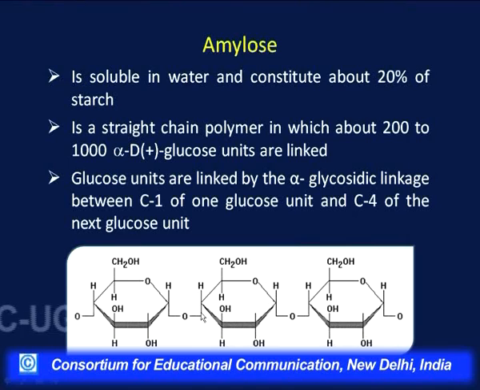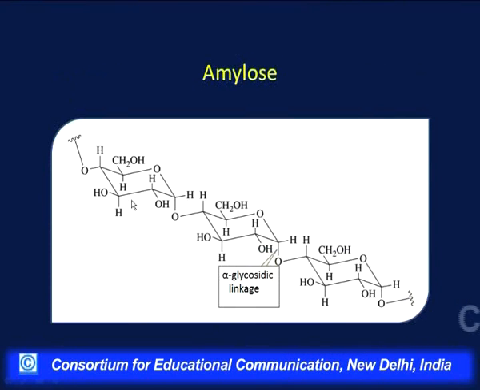But its own hydroxyl at carbon number 4 forms the bond with another glucose molecule and the chain continues. So, amylose is a straight chain molecule in which a large number of these D plus glucose molecules are linked all through alpha linkages. We can show the conformational representation like this. This is the alpha glycosidic linkage for all, downward linkage.